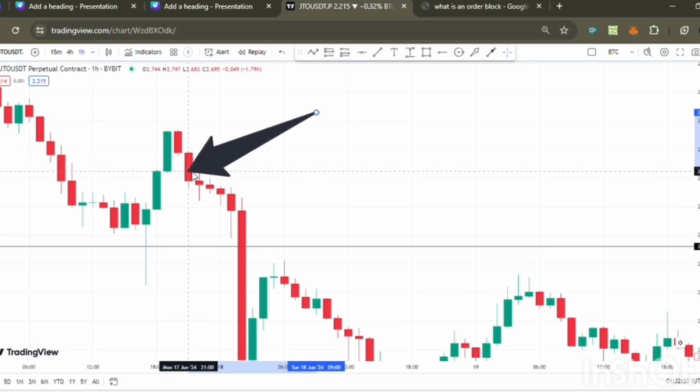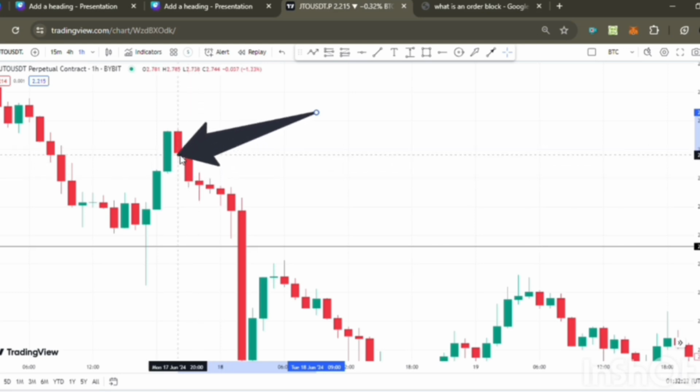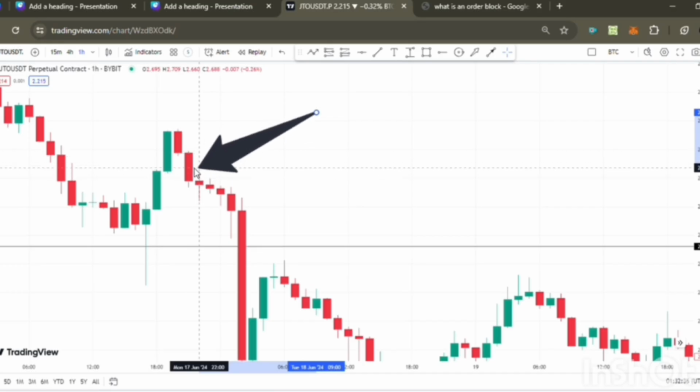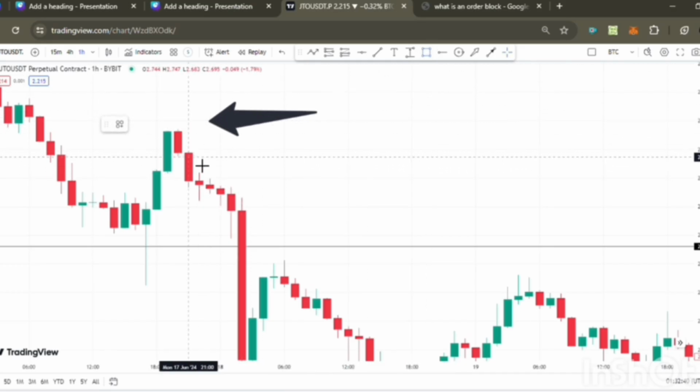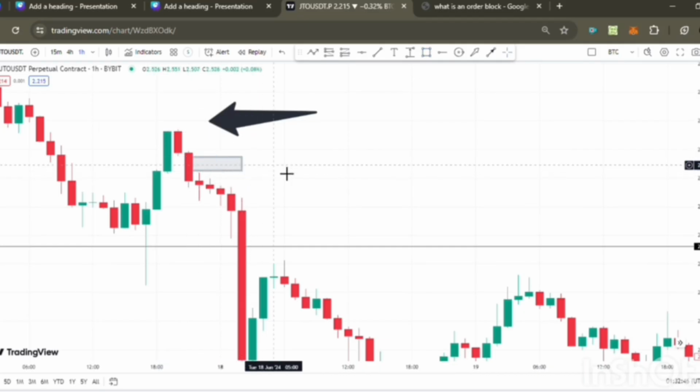So that means the market had an imbalance, and the gap between these three candlesticks is called a fair value gap, which the market needs to fill.